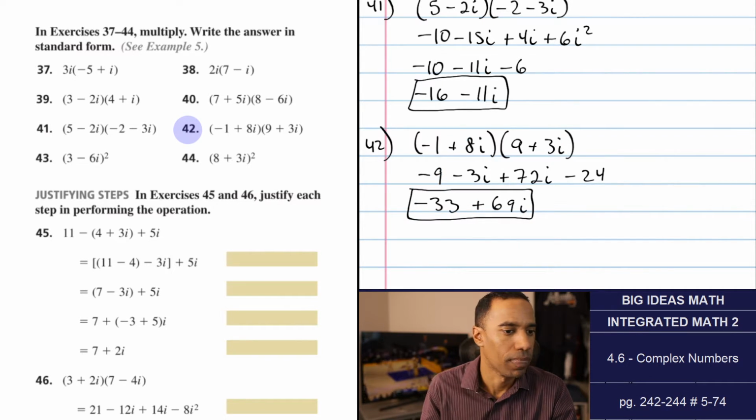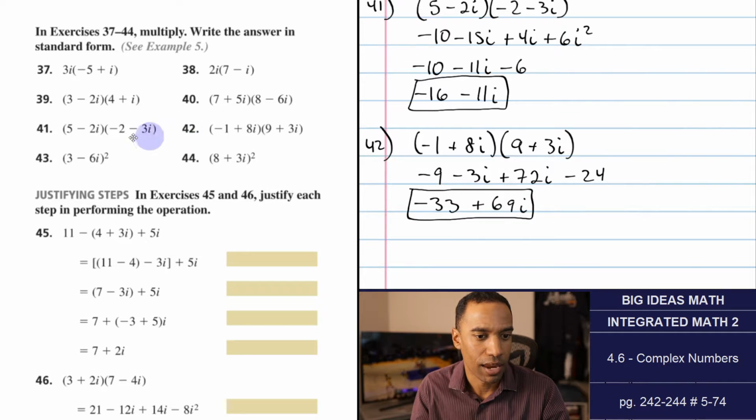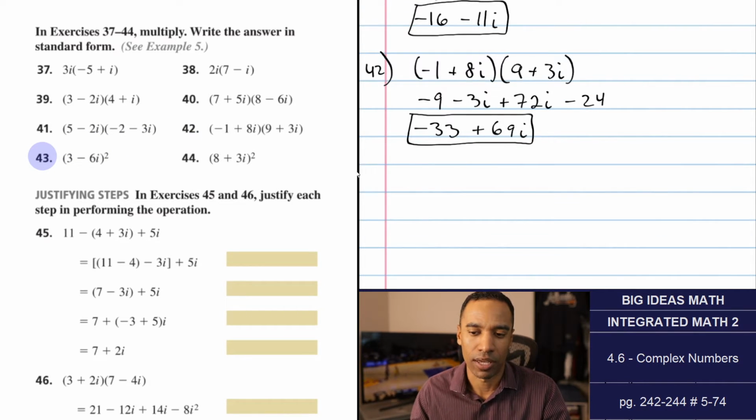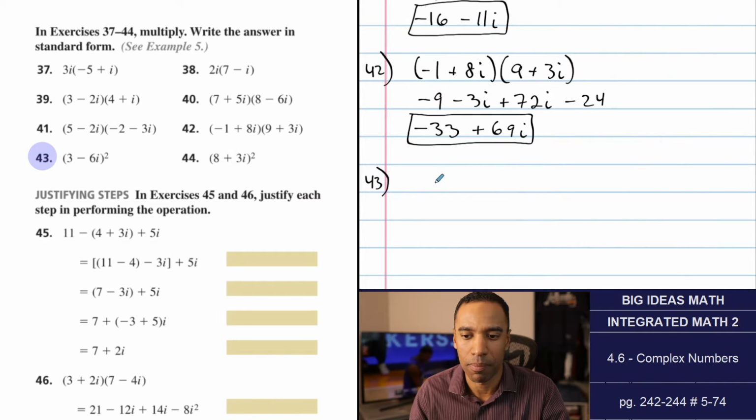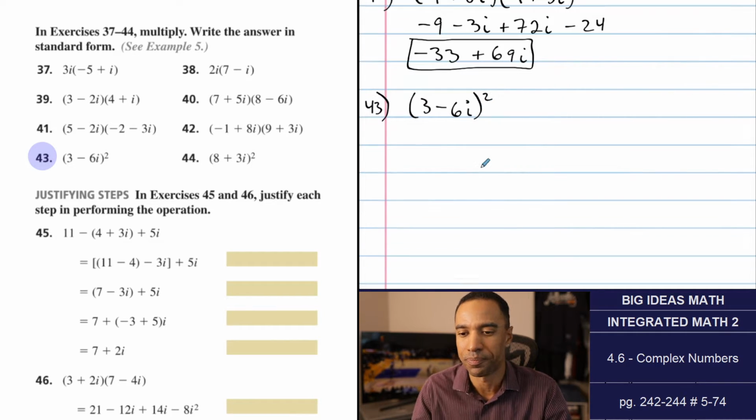There we go. Number 43 and 44, we have a squared thing going on of a binomial. Doesn't change how we work out the binomial squared. I'm going to do the shorthand version of this. The first time I'm going to write out how we work it.